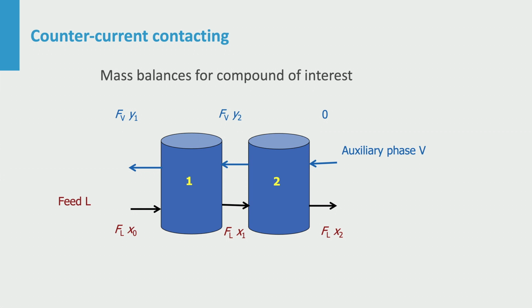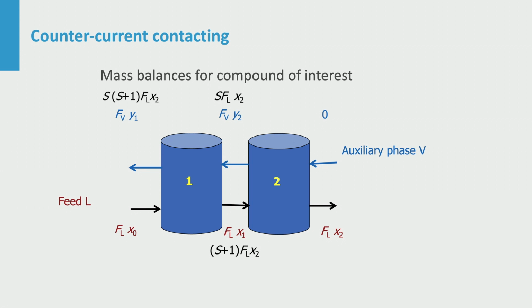The mass flow of compound I leaving stage 2 with L phase is FL times X2. Then we know that S times as much will be leaving with the V phase. We can sum these two leaving streams to see what has been entering stage 2 with L phase. So that's also what leaves stage 1 with L phase.